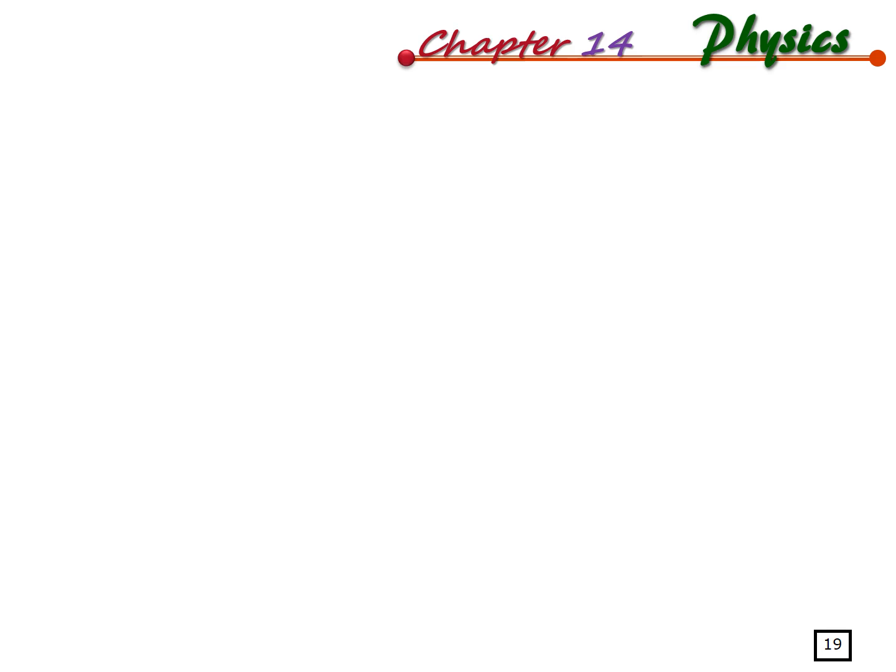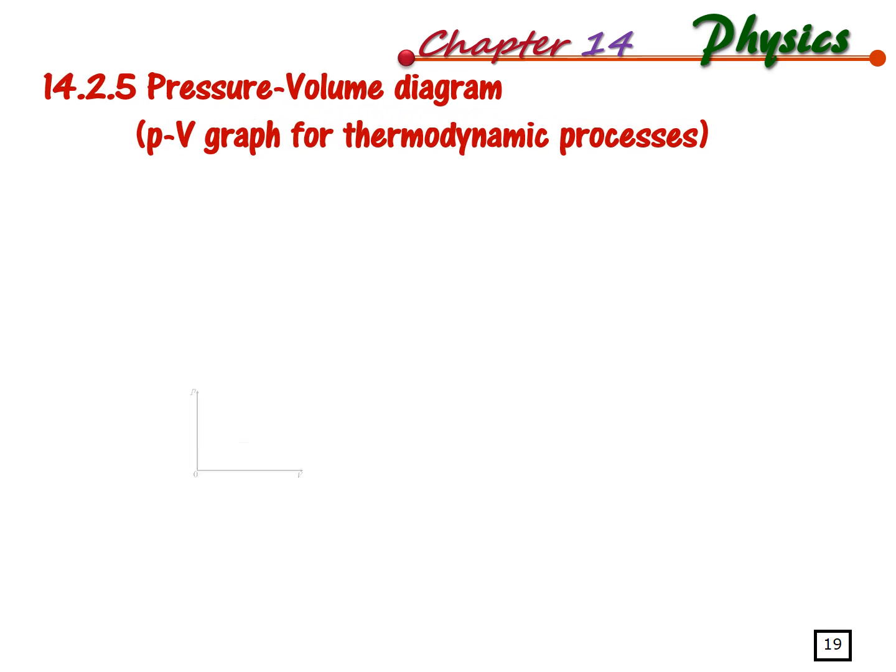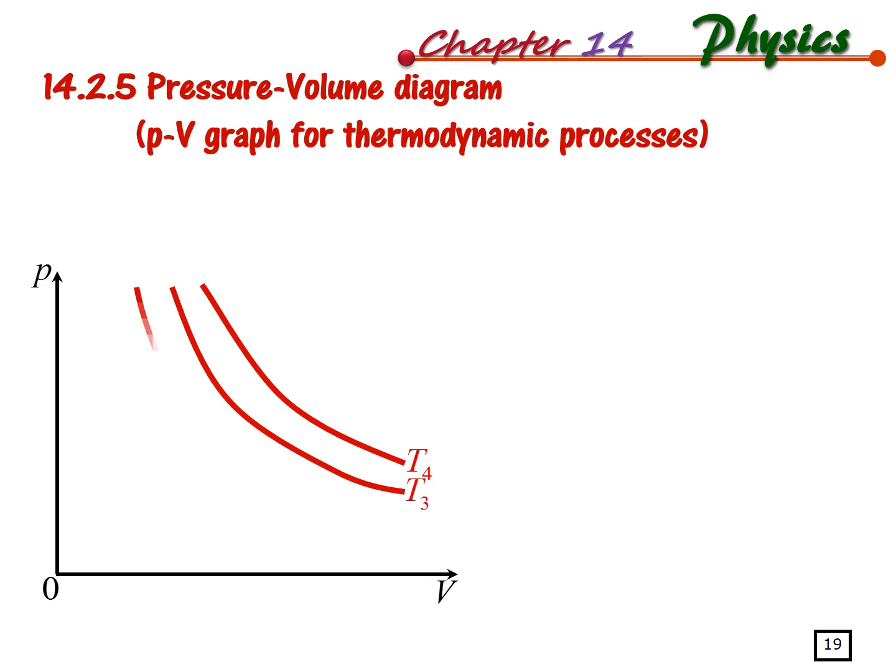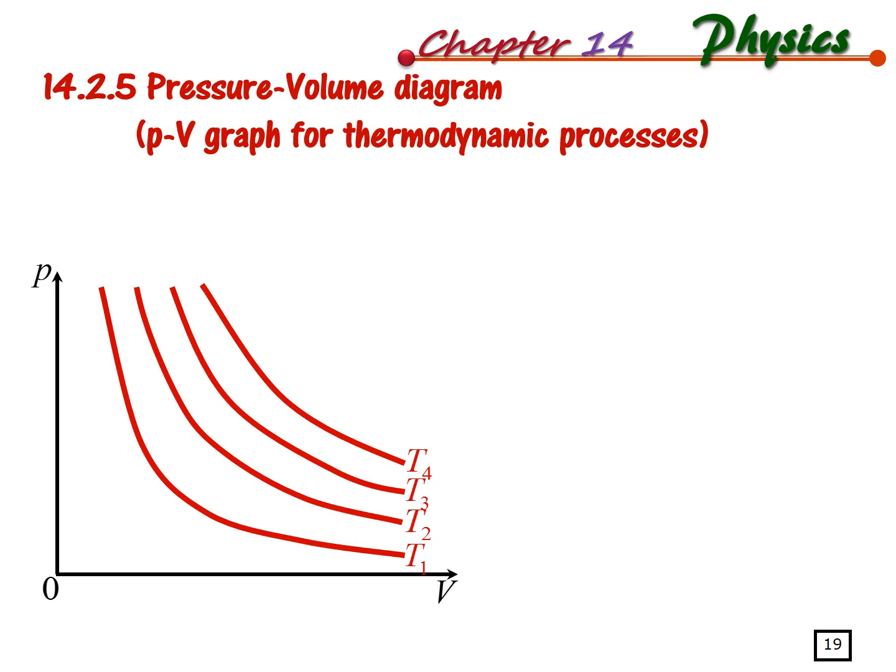Now we are going to look at the graph of pressure against volume for the thermodynamic processes. Here I will draw 4 Boyle's law curves. The higher is T4, the lowest is T1. It means that T1 is lower than T2, lower than T3, and lower than T4, where the highest temperature will be T4.